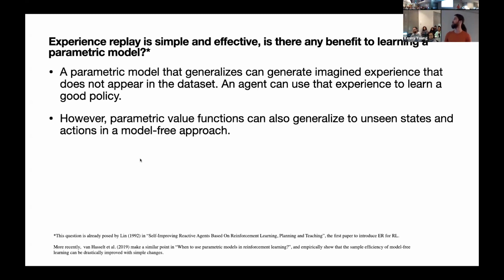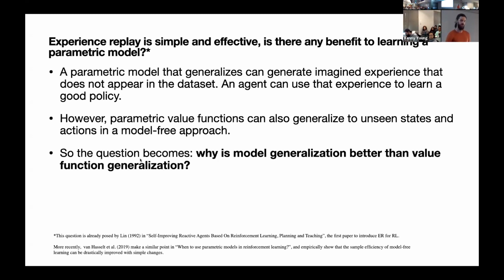But parametric value functions also generalize to unseen states and actions within a model-free approach. So the natural question becomes: why is model-based generalization better than value function generalization? It's not sufficient to say that models generalize, because they both generalize. Why is it better to imagine the next state following a transition we've never seen before than it is to estimate the value of a state-action pair we've never seen before?